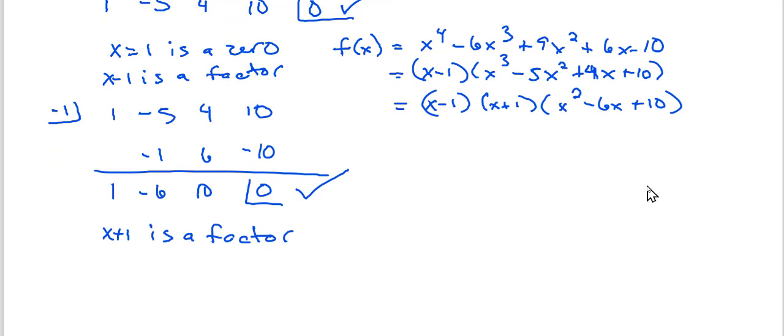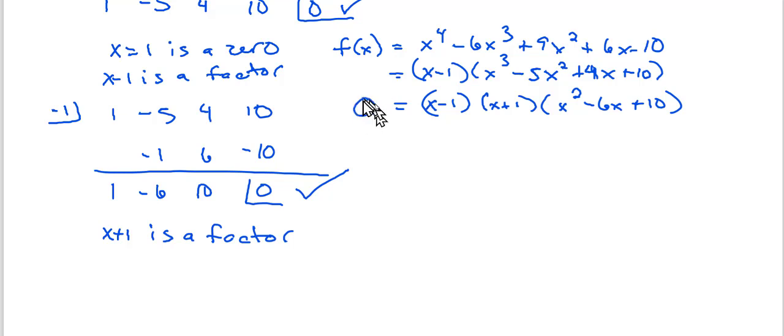That does not appear to factor. There are no two numbers that multiply to give me 10 that add up to -6. So 1 and 10, 2 and 5 are it. And even if they're negative, they're not going to add up to -6. So that doesn't factor.